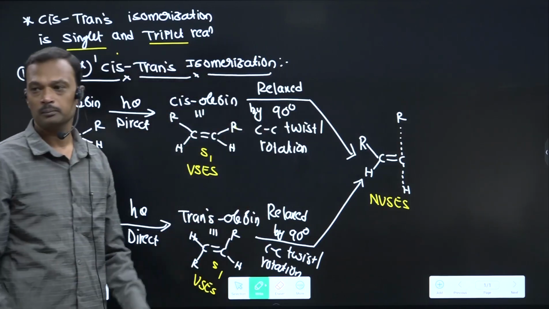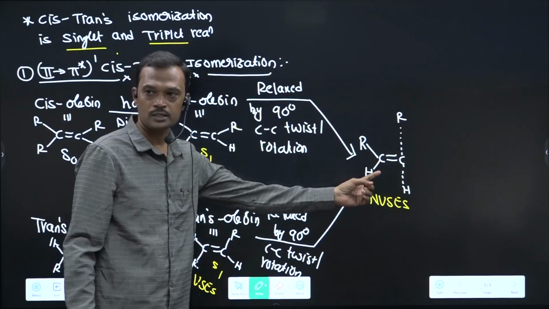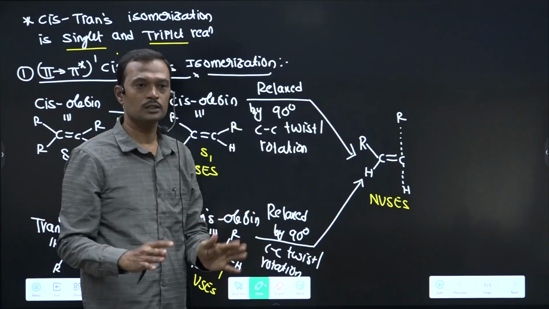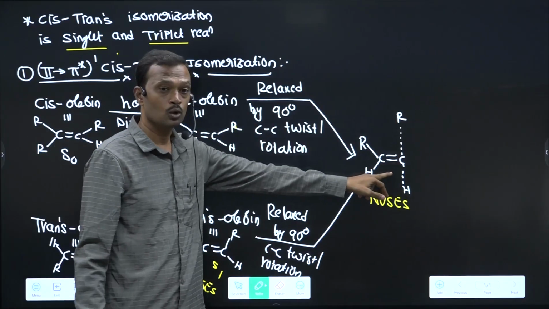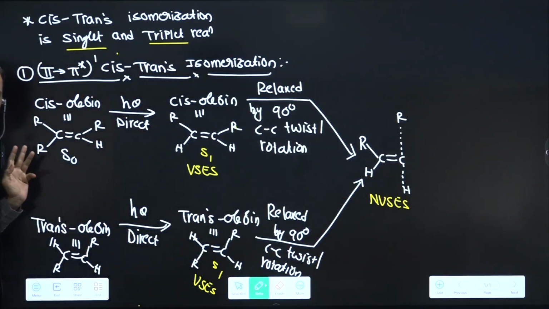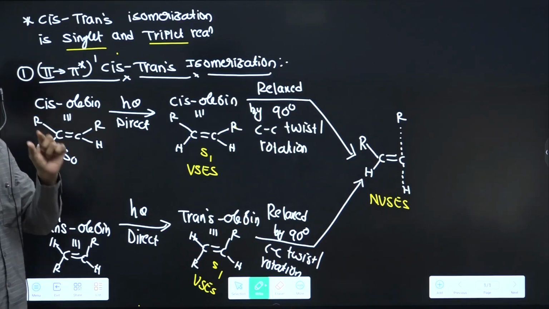Both will lose their memory. So any stereoisomer, either cis isomer or trans isomer, after losing memory, doesn't know whether it came from cis or from trans. So it is a common memory-losing state for both cis isomer and trans isomer. That state is called the non-vertical singlet excited state. Memory loss state.